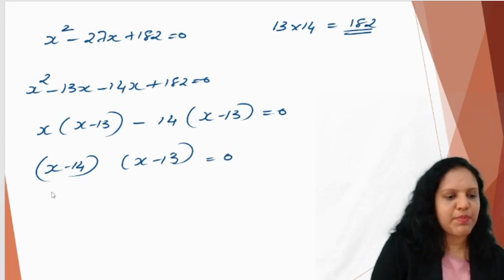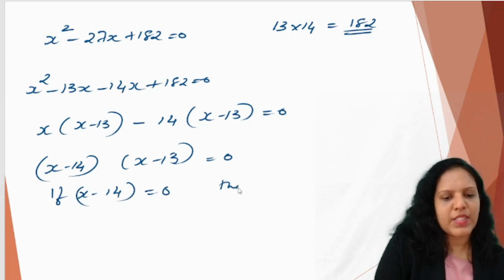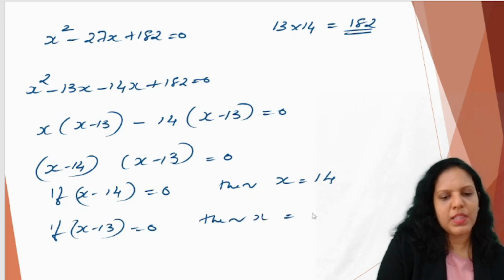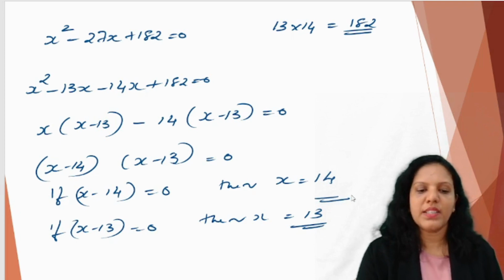So again, if x minus 14 is equal to 0, then x equals 14. If x minus 13 equals 0, similarly then x will be 13.